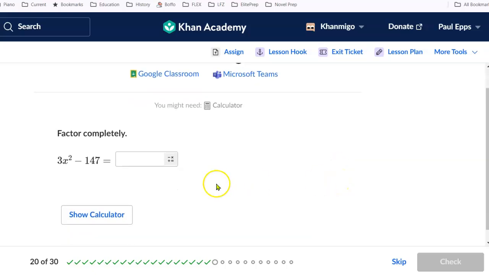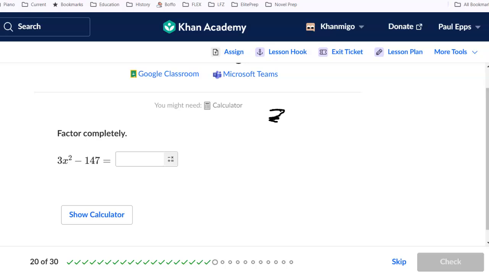Factor completely. All right. Well, we can start by factoring out a 3 right here. Wow, it's kind of an ugly 3.